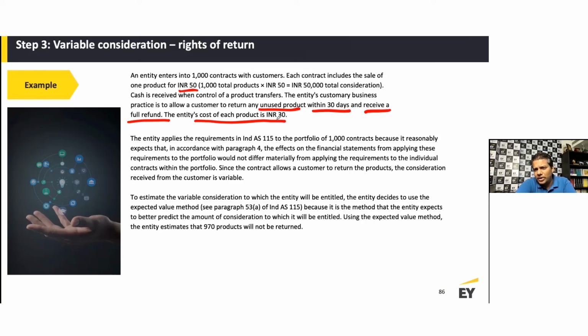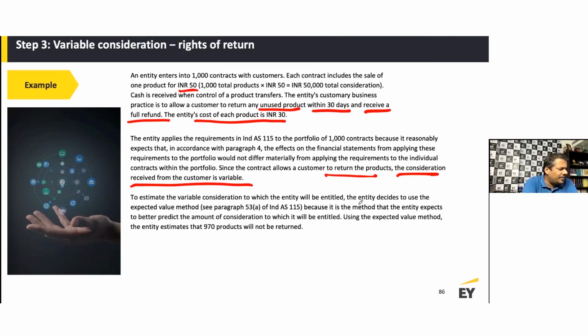Because in your judgment, you have a large number of contracts, you have the ability to assess customers who demonstrate a similar type, size, pattern, behavior, and so on, and hence you have the ability to make some of these estimates which are highly probable. Since you allow a return of the product, the consideration received from the customer is variable. You receive 50, but I may have to actually give back this 50 if the product comes back.